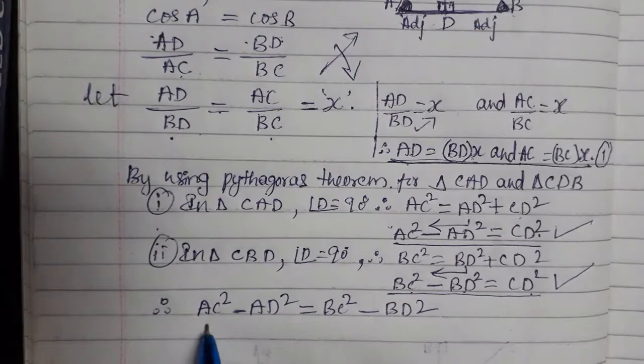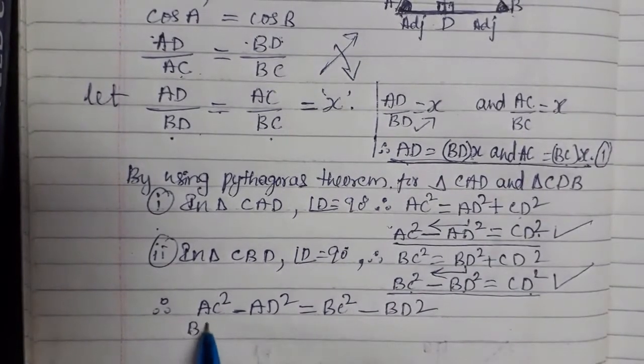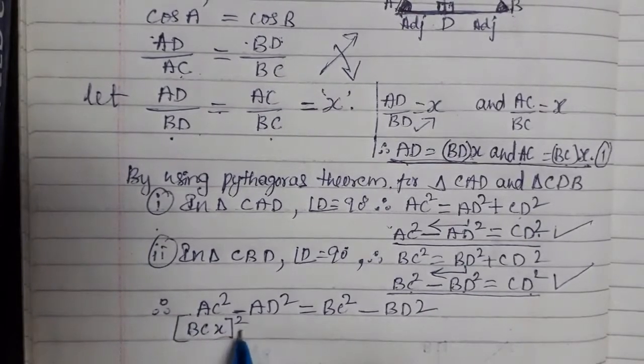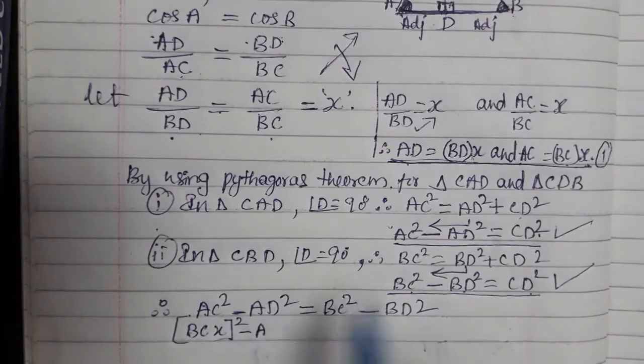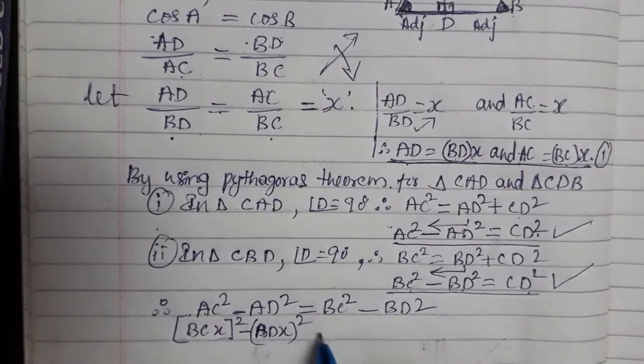In place of AC I write BCX, the whole square, minus, in place of AD, BDX, the whole square.